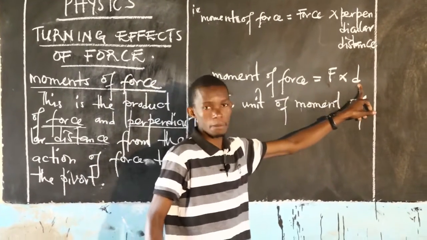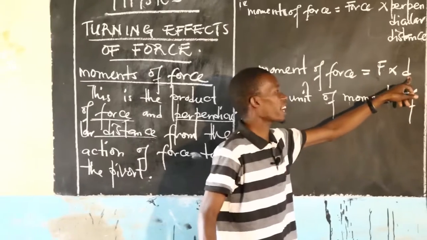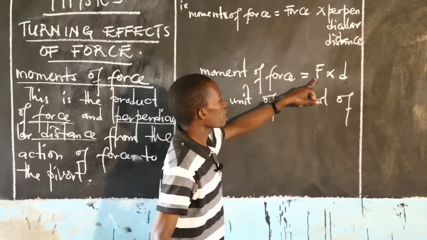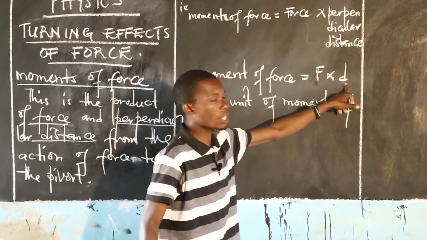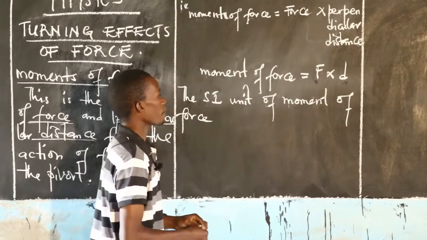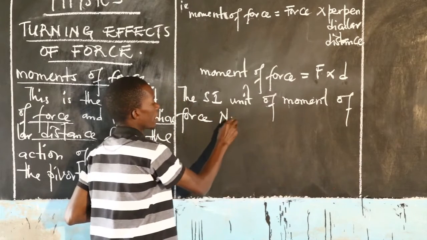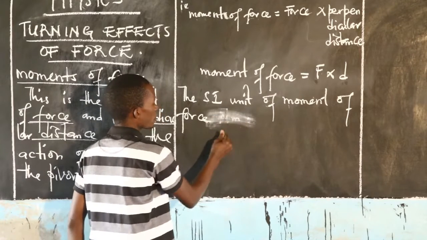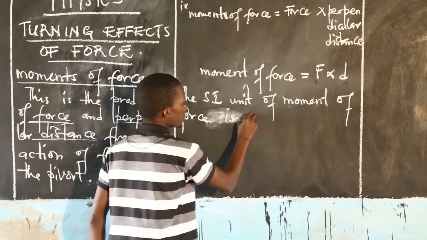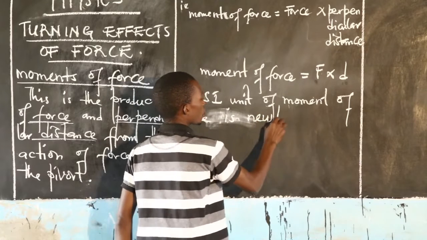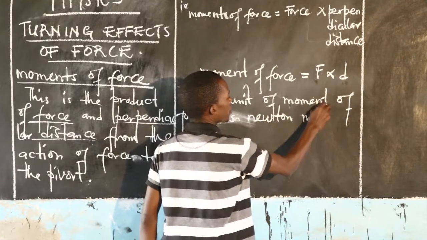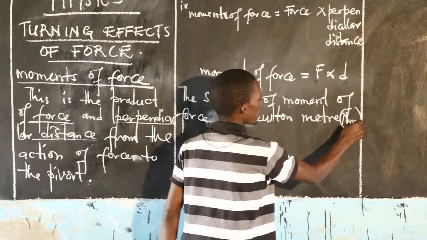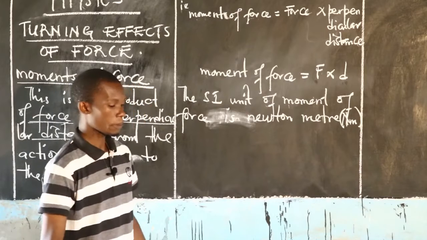What is the SI unit of distance or length? Length, the standard one is measured in meters. That's why if this one is in Newton and this one is in meter, automatically we are going to have Newton meter. SI unit of moment of force is Newton meter. The bracket, capital N, small m. Those are SI units of moments.